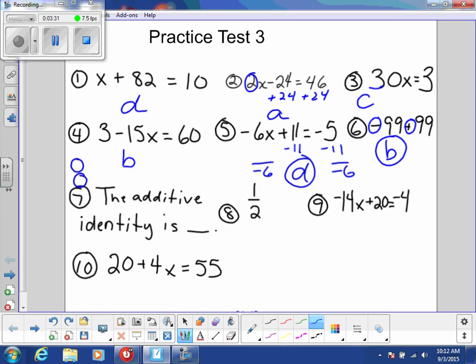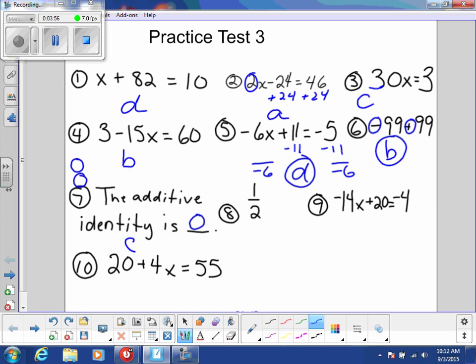Additive inverses are any 2 numbers that add up to 0. 10 and -10. 1/2 and -1/2. You put them together, you get 0. Those are called, once again, additive inverses. There's only one number that's the additive identity, and that number is 0. So for number 7, the correct answer is C.